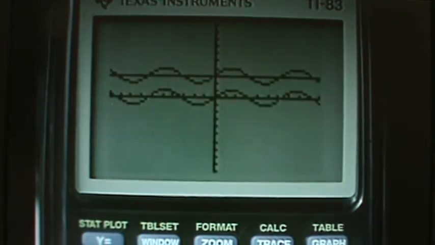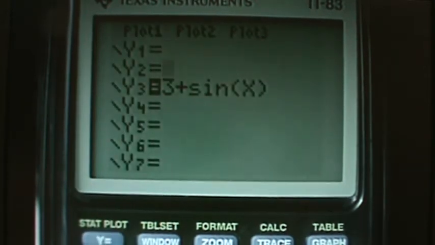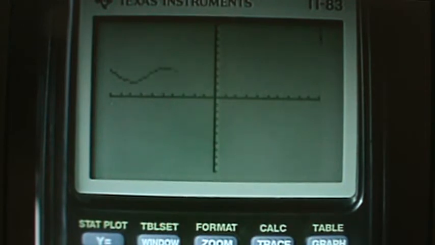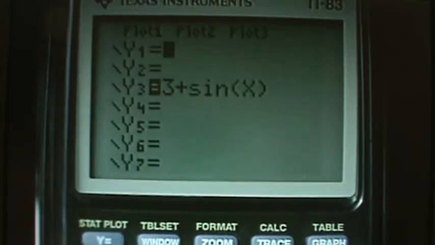That is effectively what's happening when I add the two together. Generally, we don't see these two graphs. We just see this graph, but actually we're putting one on top of the other.